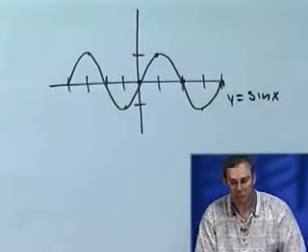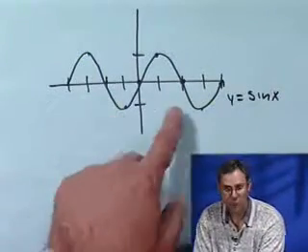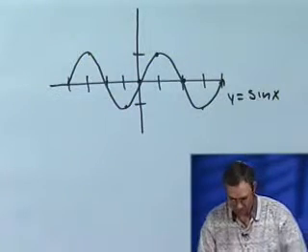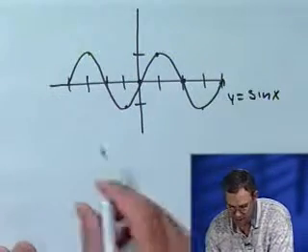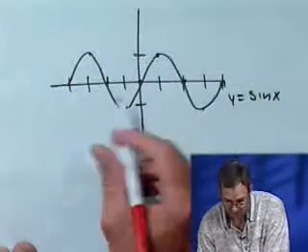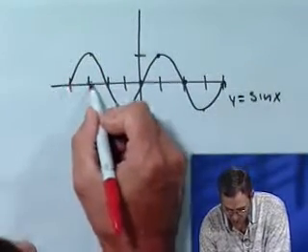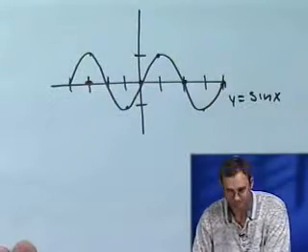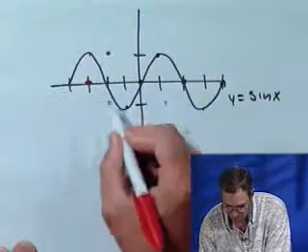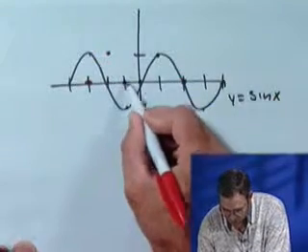Now what we want to do is shift this thing to the right pi halves units. All right, so wherever I see a dot here, I'm going to shift it to the right pi halves. So this point will go there. This point will go here. This point will go here.